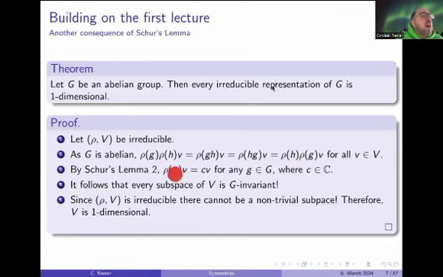So in particular, a selected matrix rho of G will have the property that we had for Schur's lemma.